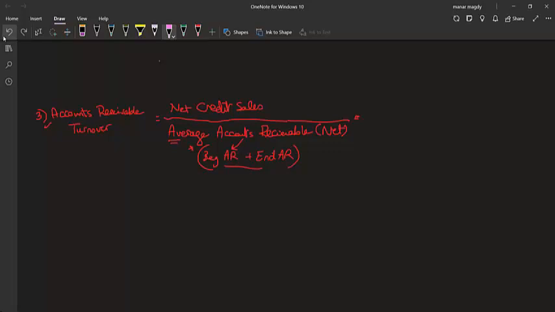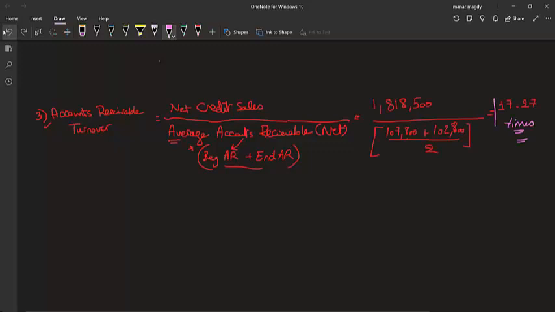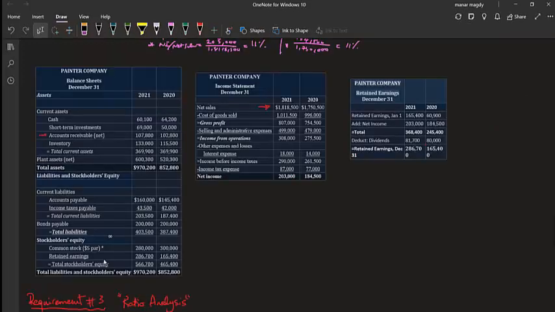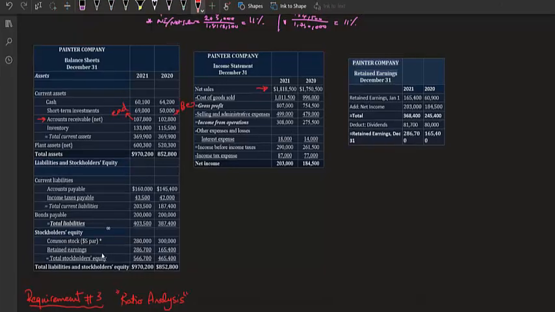This is how you calculate it. So let's go back. Where is our net accounts receivable? It is in the balance sheet. So this is the ending accounts receivable, 107,800 and 102.